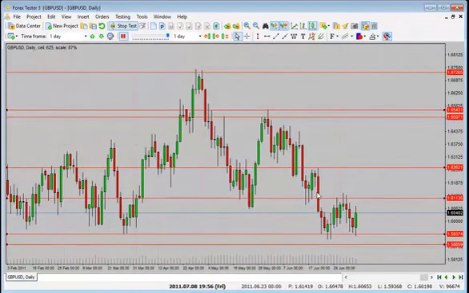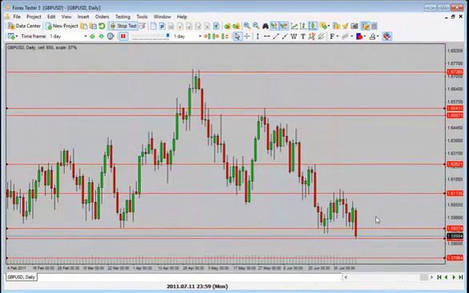Okay, so Justin says pull back and go up. Yeah, so I'm looking for price to maybe pull back and go back towards the top of the range here. So let's take a look. It doesn't even do that.